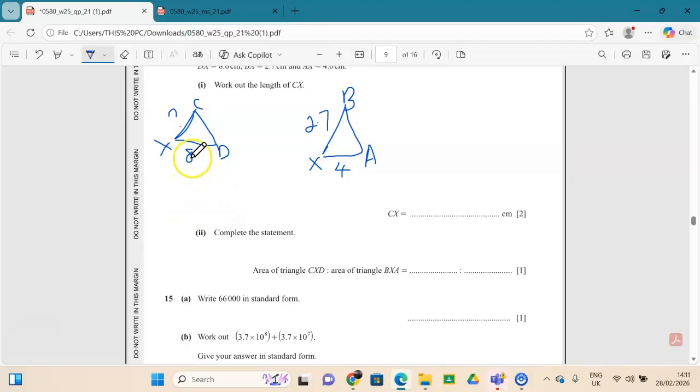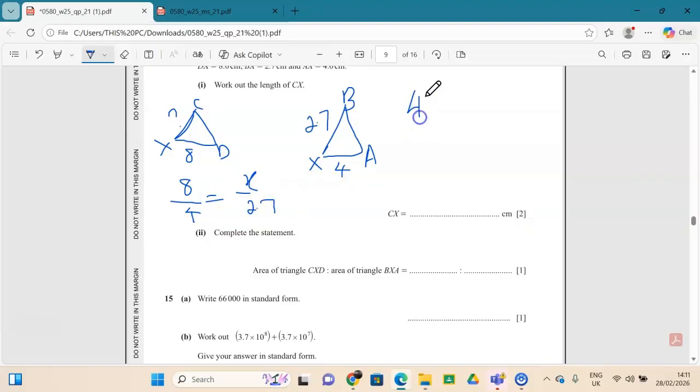So this over this, if I write 8 over 4, it should be equal to, remember I'm comparing similar dimensions. 8 over 4 will be equal to, remember I picked this first, so I'm also going to pick this first, so let me call this unknown x. That will be x over 2.7. So we can work it out now. We can cross multiply. X times 4 will give us 4x.